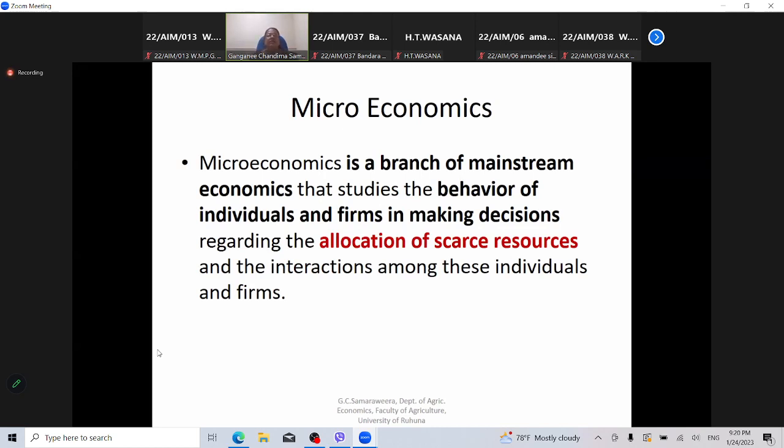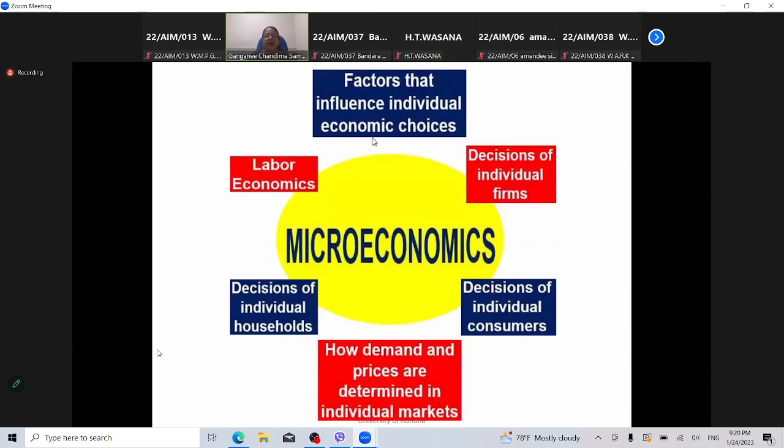So that's why we call microeconomics a branch of economics that studies the behavior of individuals and firms in making decisions regarding how to allocate resources. What are the interactions among these individuals? Maybe student to student, person to person, or firm to firm. Interactions may occur. Okay. So here, these are the main branches.